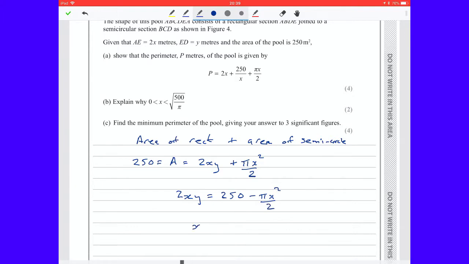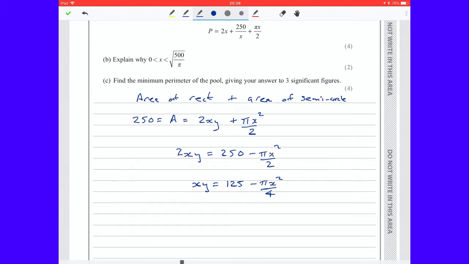So xy is equal to 125 minus pi x squared over 4, and then dividing through by x, y equals 125 over x minus pi x over 4.